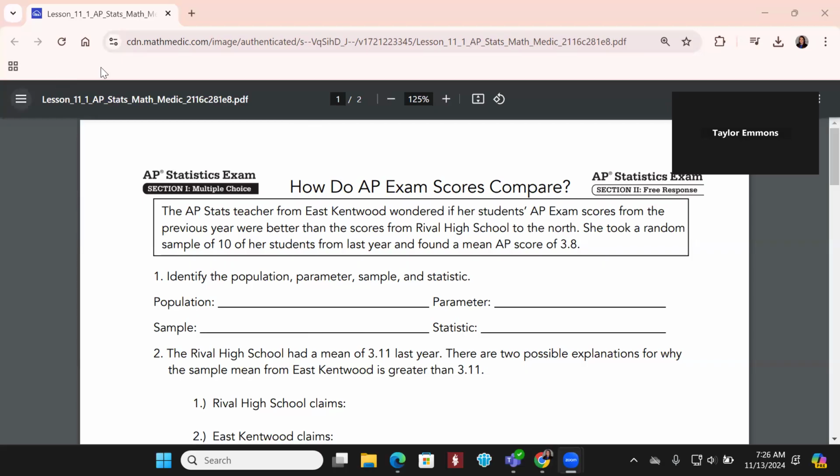So what's the population? All AP Stats students at East Kentwood, right? All the kiddos in East Kentwood, and then we're going to pull an AP Stat sample of students.